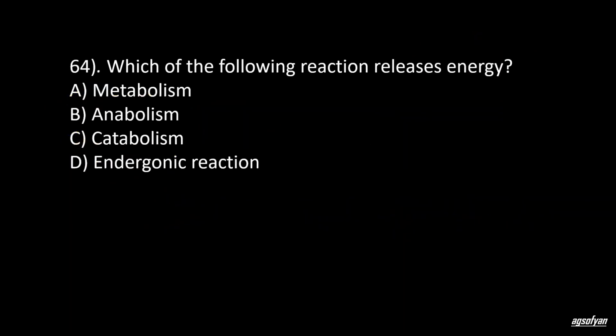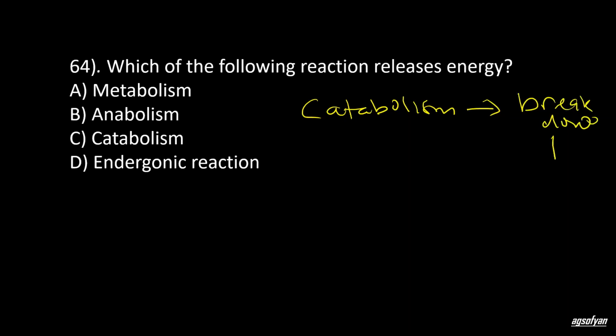Which of the following reactions releases energy? Metabolism, catabolism, anabolism, or endergonic reaction? Remember the rule: if it is catabolism, it will break down bigger molecules into smaller molecules, and they always release energy.